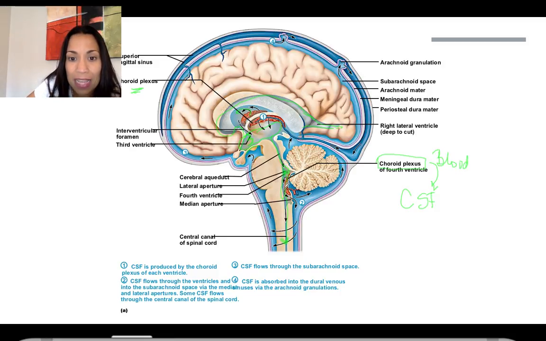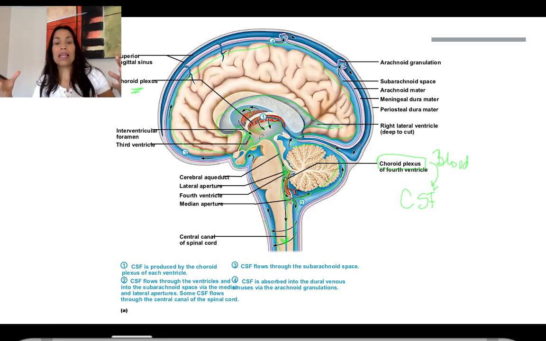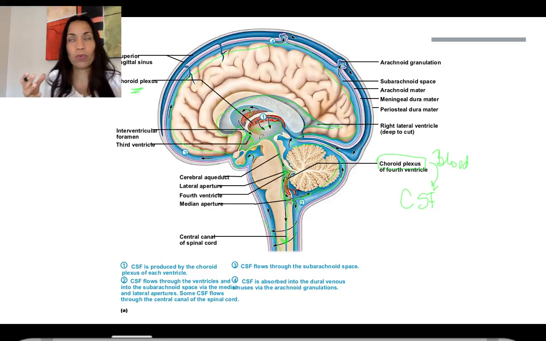The rest of the fluid passes through the median and the lateral apertures to reach the subarachnoid space around the spinal cord and around the entire brain, and bathes the entire central nervous system, so that now the brain and the spinal cord are floating in this liquid that prevents this tissue from being crushed by its own weight and protects from external sources of shock, absorbing it.